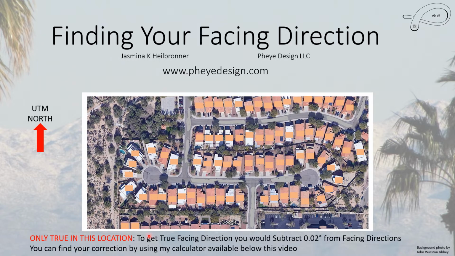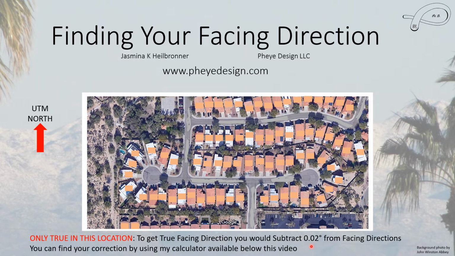Now this location where these houses are located just happens to be very close to the center of the UTM grid that they belong to. And so the correction from the facing direction we'll get from Google Maps is tiny. I cannot measure this tiny with a protractor.